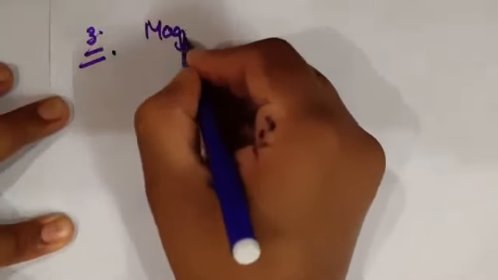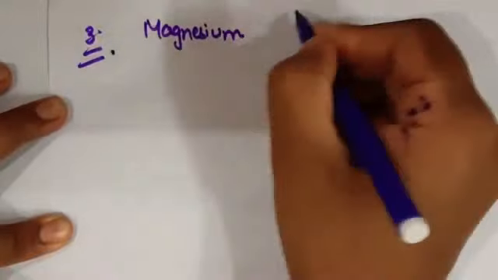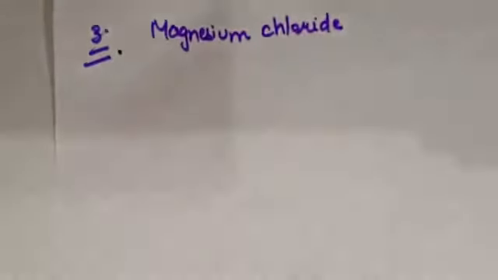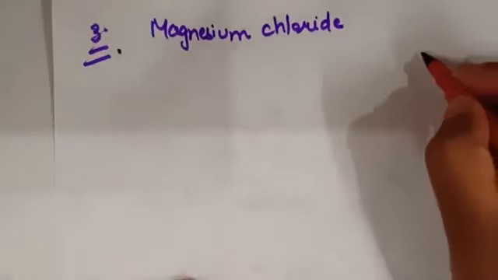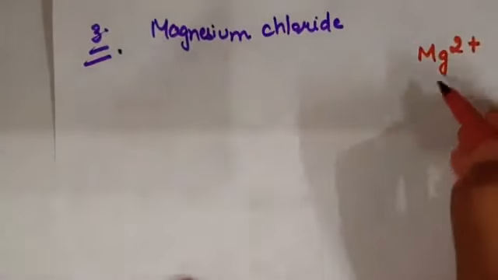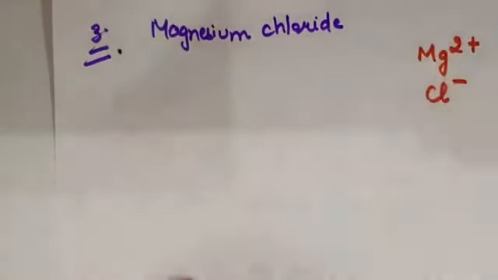Coming to third example. Third example I am taking of magnesium chloride. Okay. Now what is the formula of magnesium? Magnesium is Mg2 positive and chloride is Cl negative.